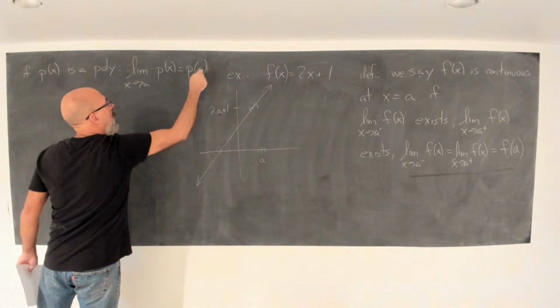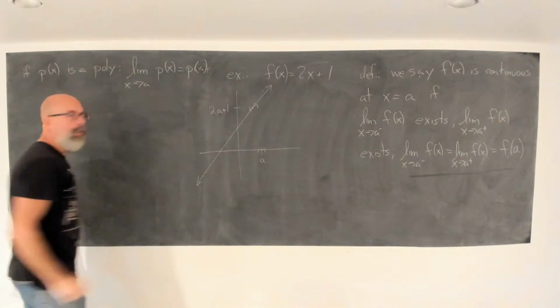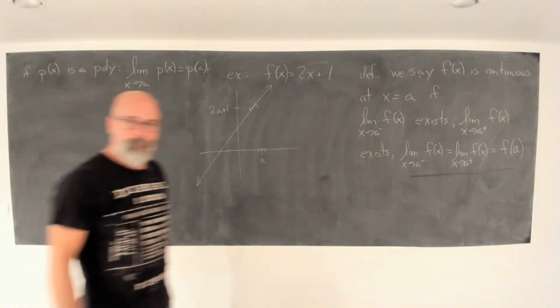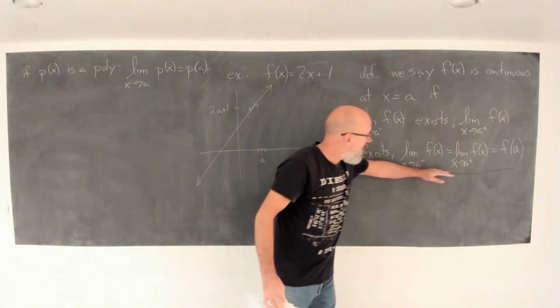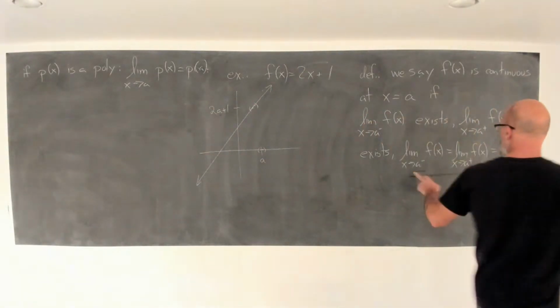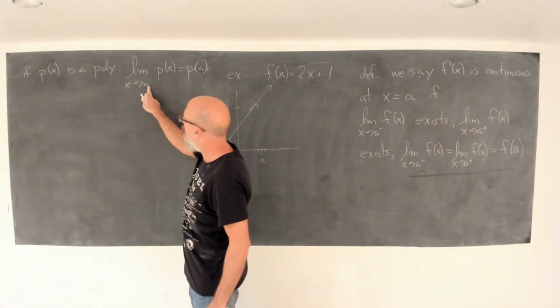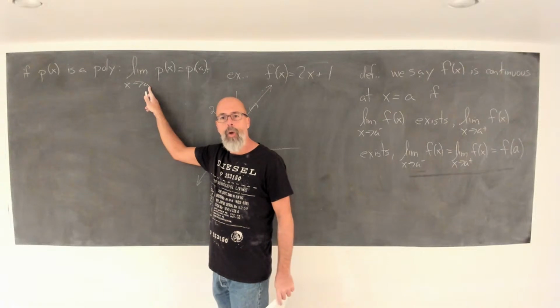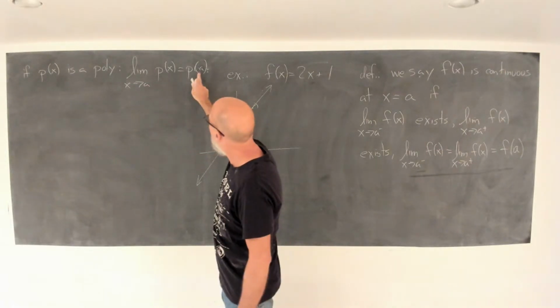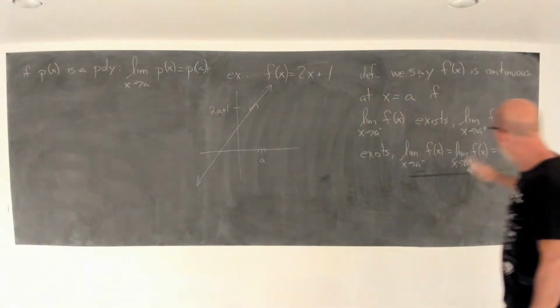This is limit law number 10. And that's exactly what this is saying. Right? If the limit exists, then that means the limit from the left and limit from the right both exist and are equal to p of a.